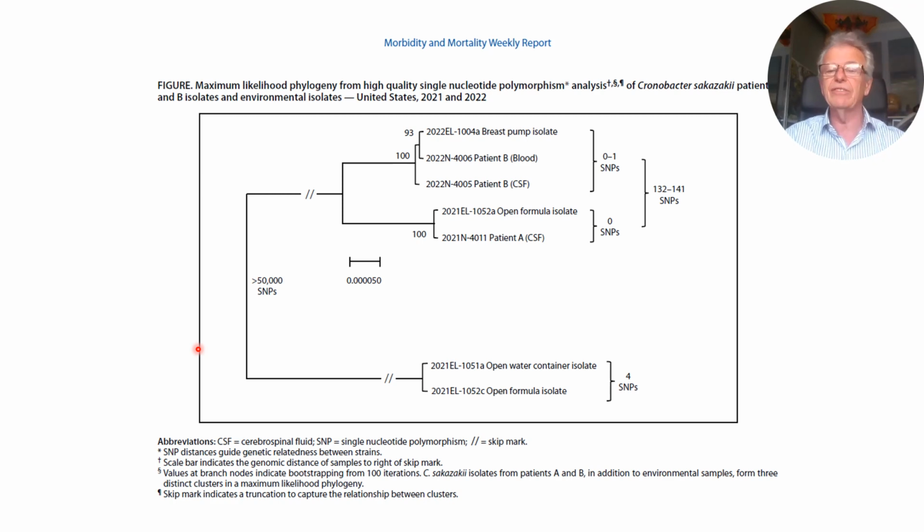So they've done SNP analysis, I do core genome MLST. And here we've got isolates of patient A and patient B, and we've got a separate couple of isolates from an open water container and open formula, and we've got the SNP differences.